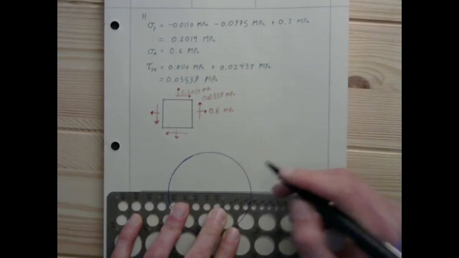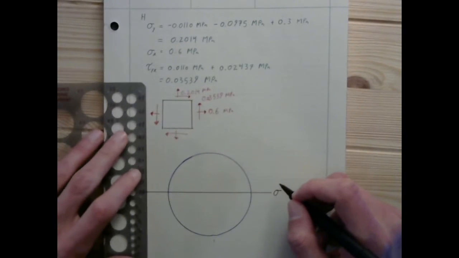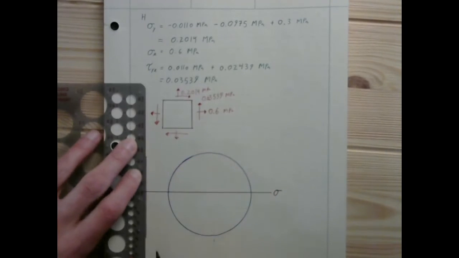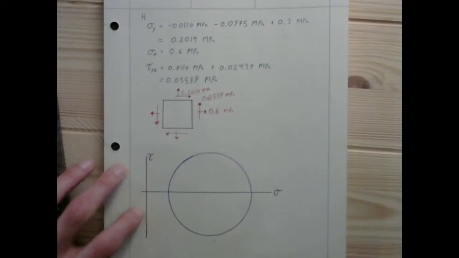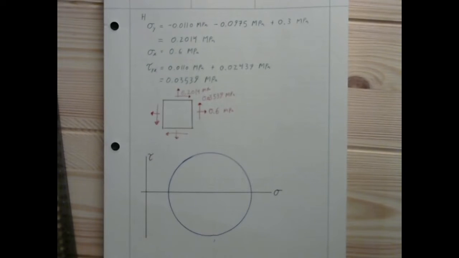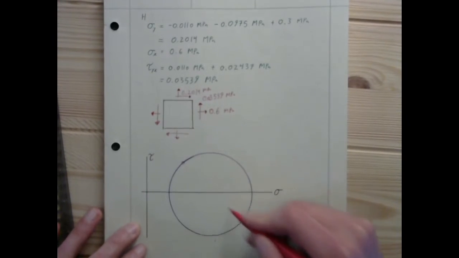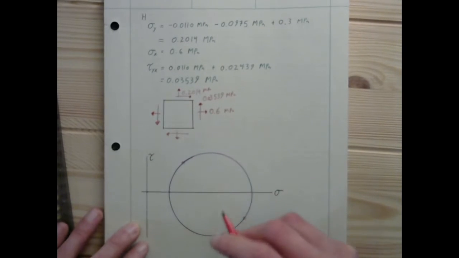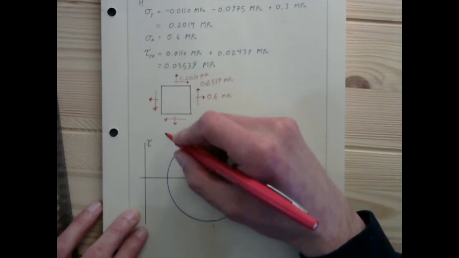Here's our normal stress axis. Here's our shear stress axis. I'm going to draw it out over here. So we're going to start with 2 points, one of them right here and one of them right here. I drew the circle before drawing the points. Obviously it's not how you do it in theory, but it's how you get a nice circle.